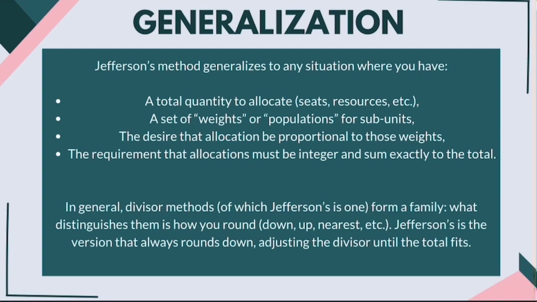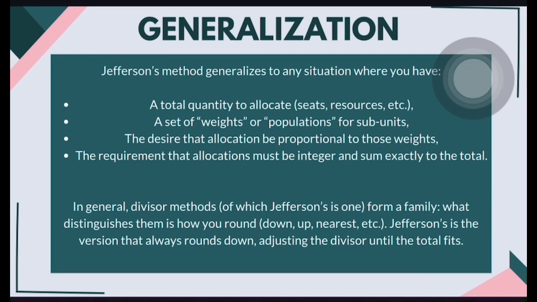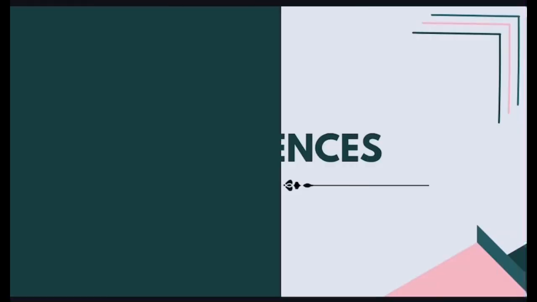In general, divisor methods, of which Jefferson's is one, form a family. What distinguishes them is how you round: down, up, nearest, and so on. Jefferson's is the version that always rounds down, adjusting the divisor until the total fits.